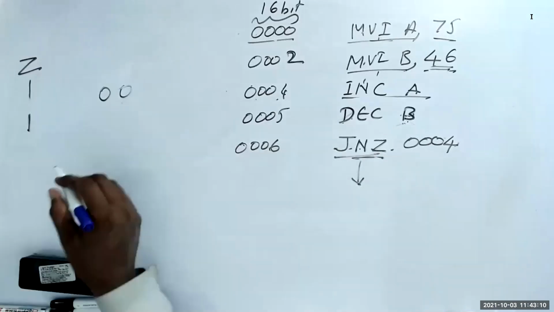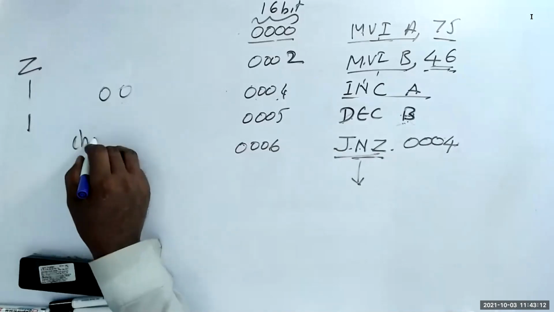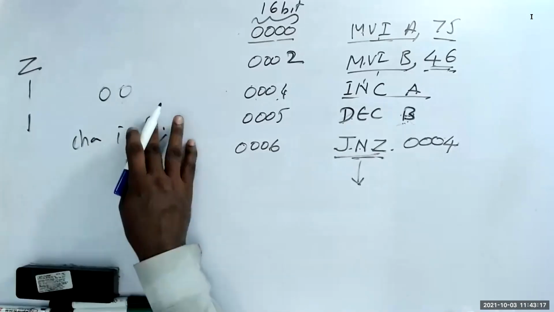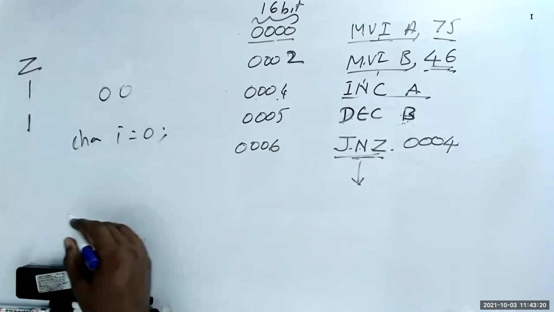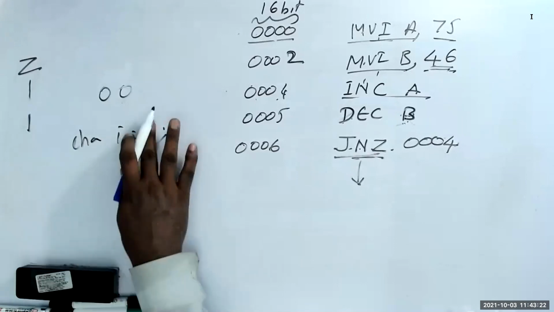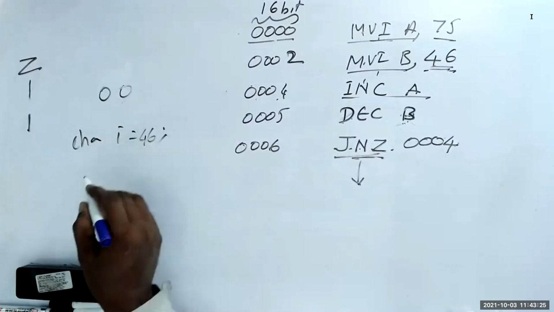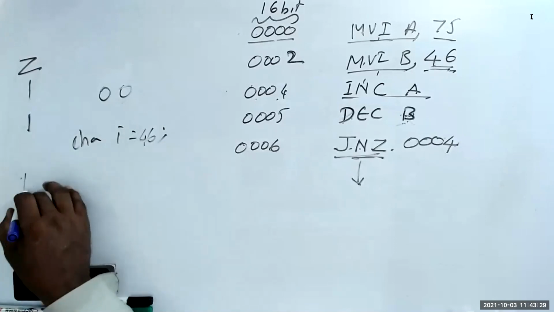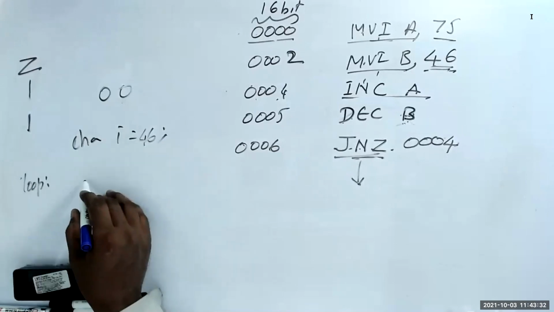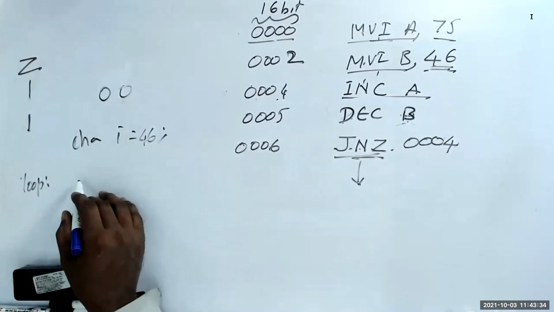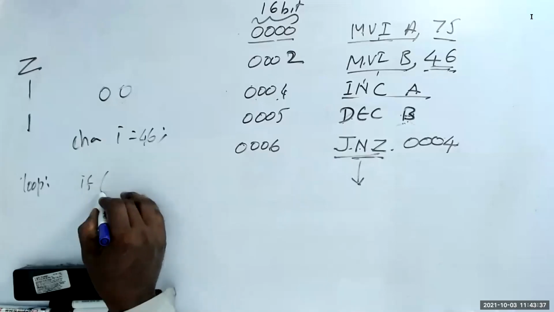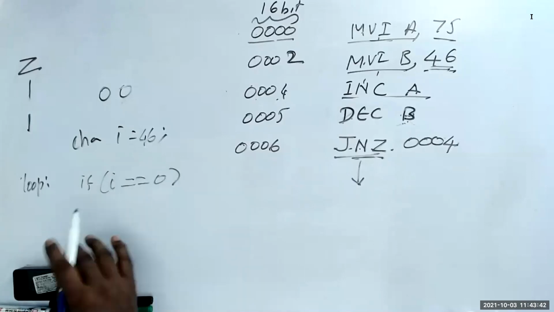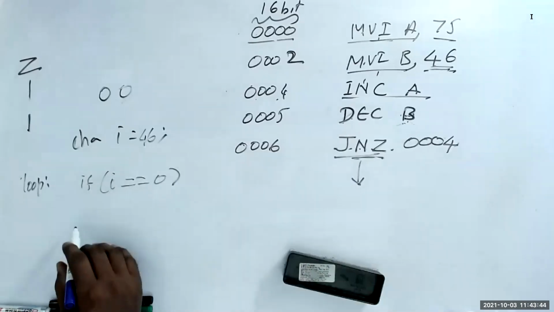You do it now. char i = 0. Then you will start checking. You will say char i is equal to 46. Go to, let's say, loop. If i is equal to 0, you are checking i equal to 0.